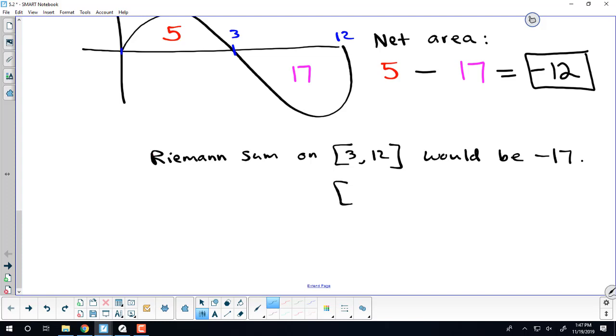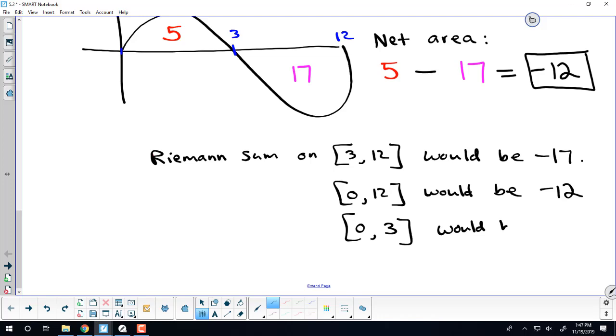Okay, cool. So the math just bears it out. The Riemann sum on 0 to 12 would be negative 12, and the Riemann sum from 0 to 3 would be 5. Okay. Any other questions on this?